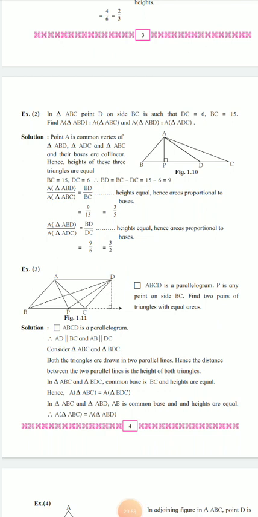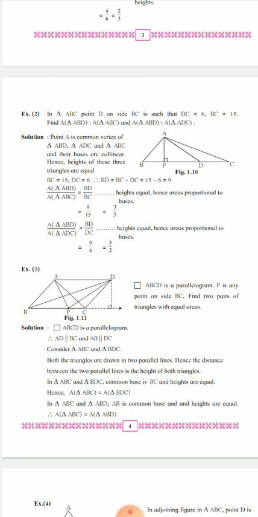Now in triangle ABC and triangle BDC, the base is common, that is BC is the common base. And the heights are also equal because they are between two parallel lines, and the distance between two parallel lines is always the same, as we all know. Because if the distance between two lines is not the same, they are not parallel lines.